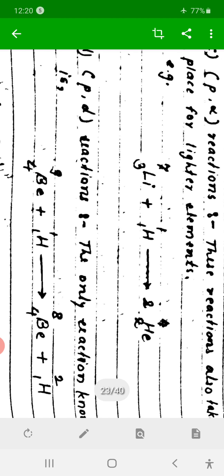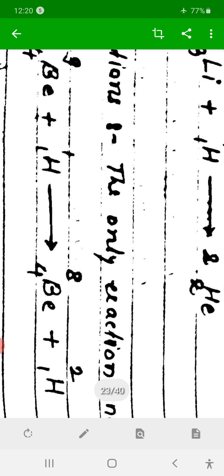Then PD reactions. P is proton, D is deuteron. Projectile is proton and ejectile is deuteron. The example: beryllium 49 bombarded with proton H11 gives beryllium 48 plus H12, which means deuteron, an isotope of hydrogen.